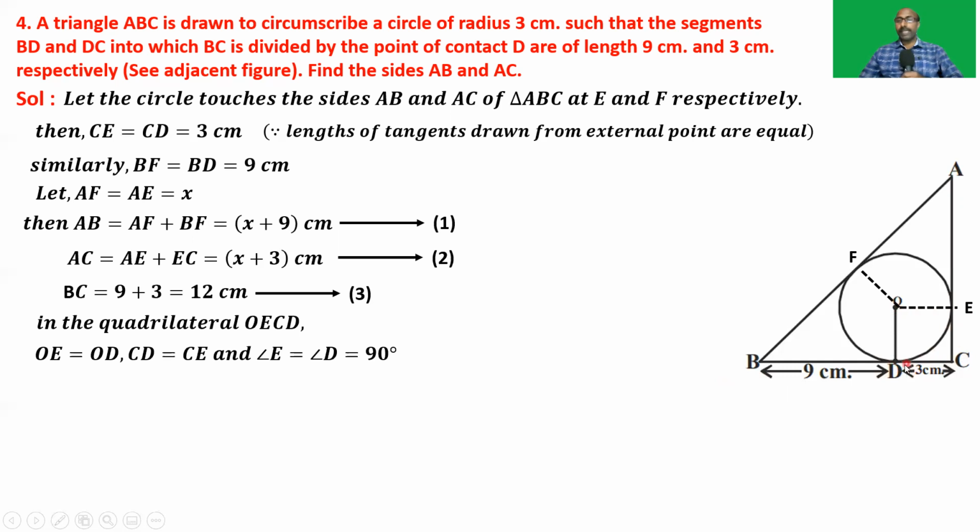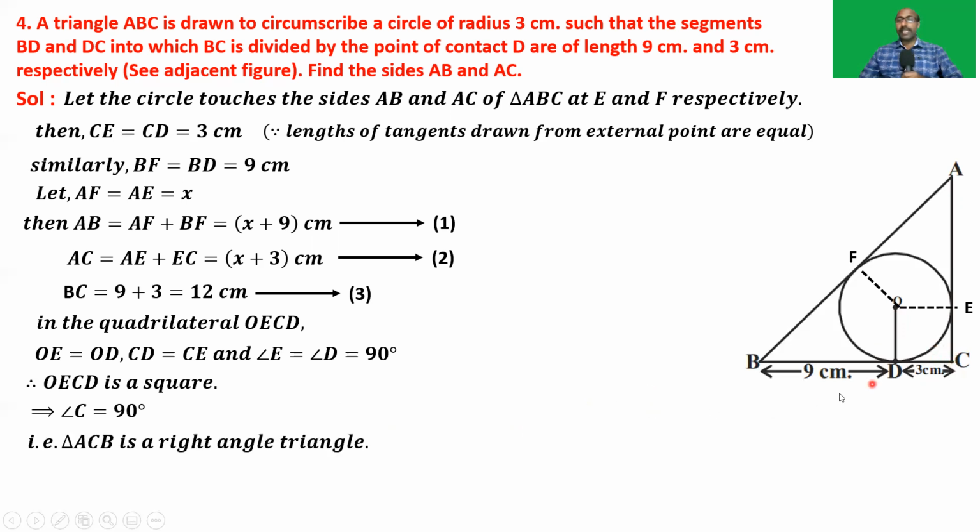And also angle E is equal to angle D is equal to 90 degrees because the radius at the point of contact is perpendicular to the tangent. So by observing these results, we can say that OECD is a square. Now OECD is a square, so angle C is equal to 90 degrees because every angle of a square is 90 degrees.